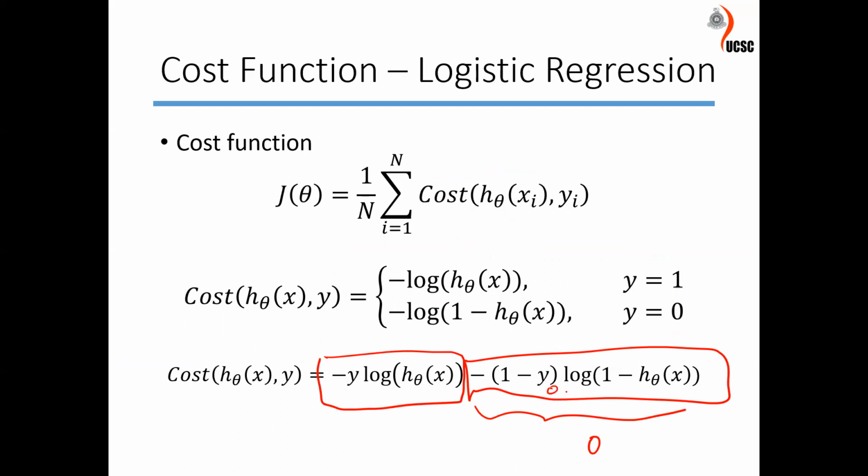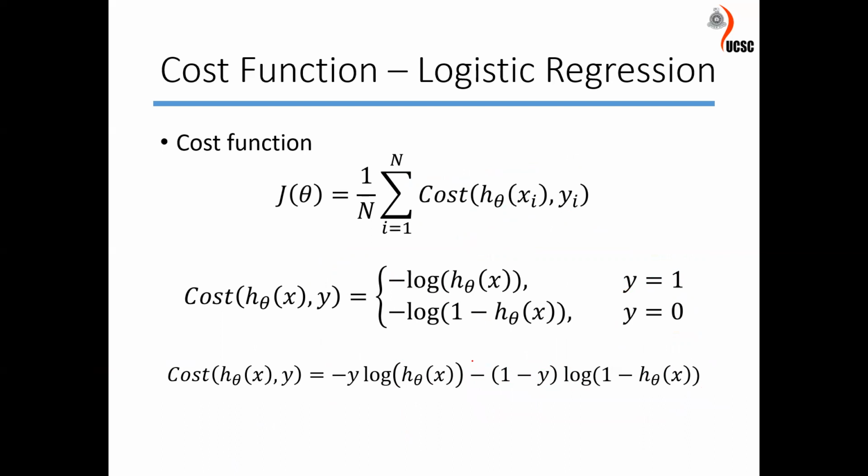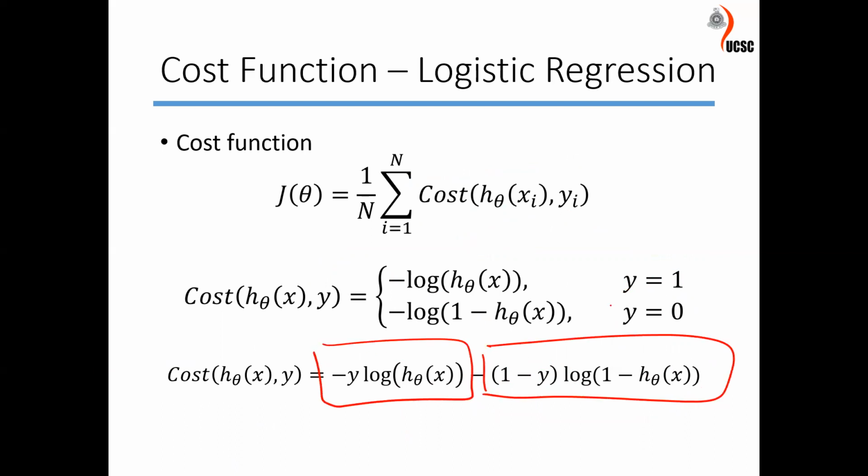If you multiply anything with 0, that gives 0. So only this portion is the affecting part. If our class is 0, then this y becomes 0, and the whole thing becomes 0. So only the effective part is here.